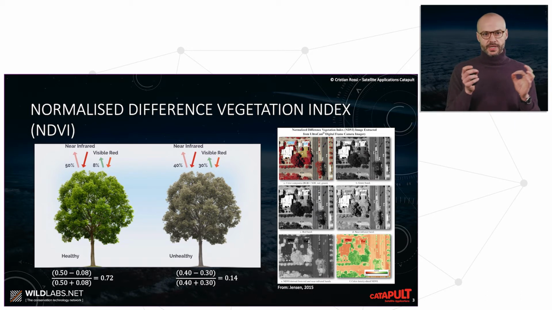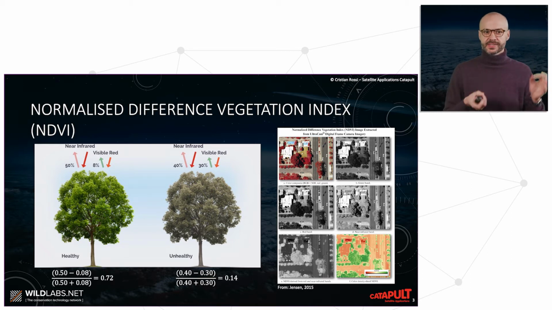This absorption and reflection is linked to some physical phenomena and some specific physical aspects of the interaction of leaves and general vegetation with the light, and specifically to the quantity of chlorophyll that we have in plants.